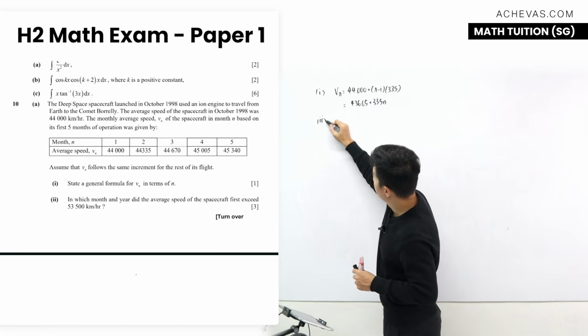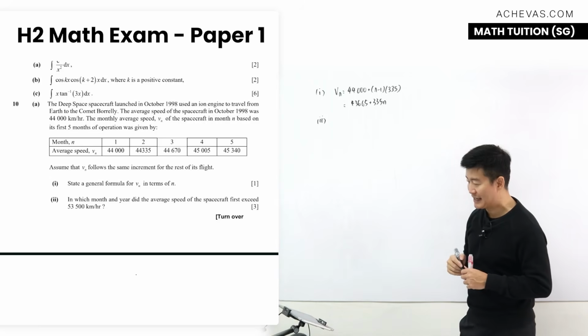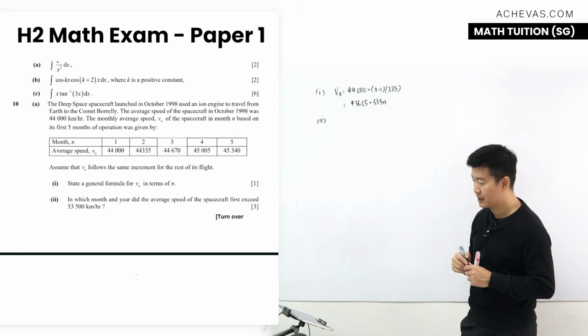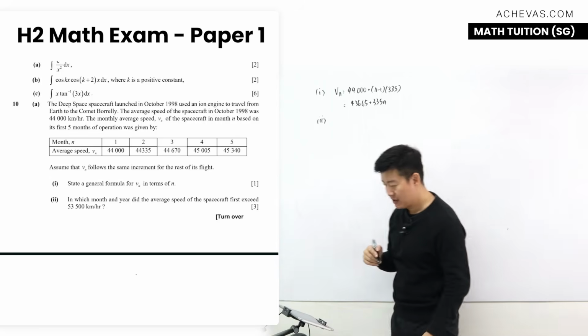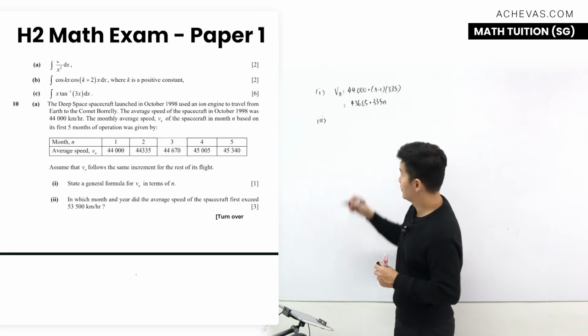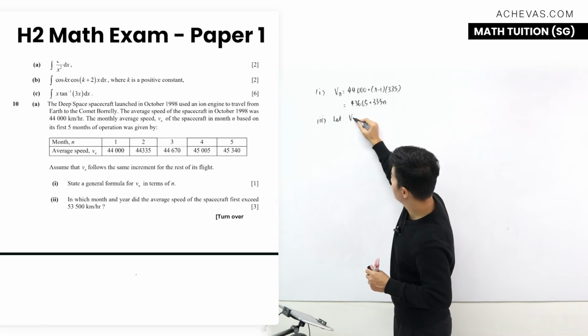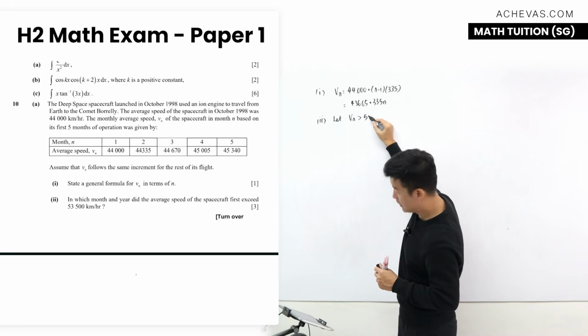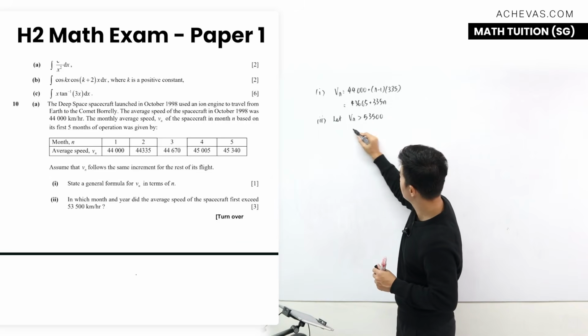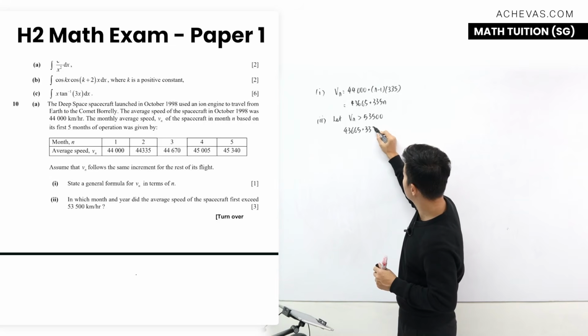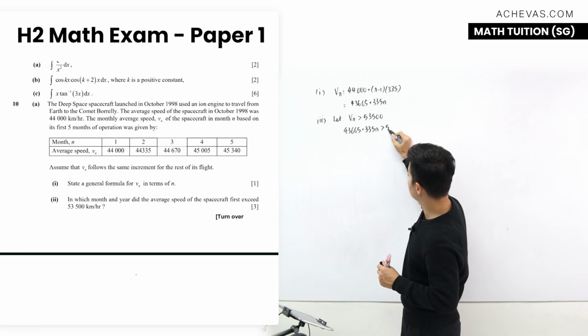Then part 2. In which month and year did the average speed of the spacecraft first exceed 53500? So I am going to let Vn be more than 53500, which is 43665 plus 335n to be bigger than 53500.